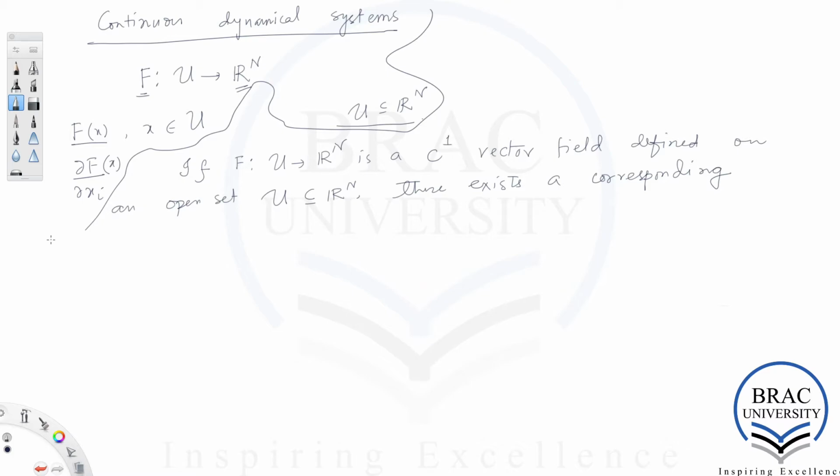The corresponding flow map theta is from calligraphic D, the domain of the flow map, to big U, that open set, where D is contained in R cross U, which we also proved to be an open set of R cross U. Okay, this is what we have seen already.